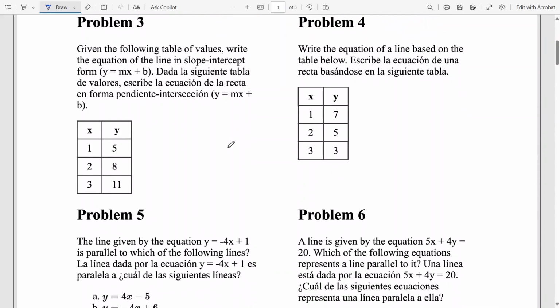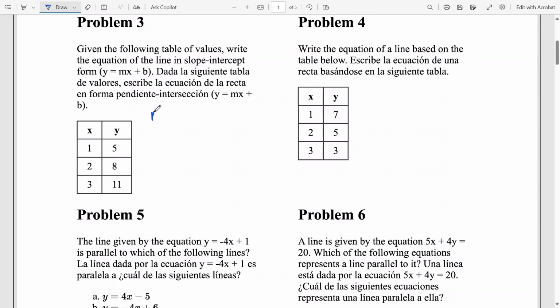Problem 3. Given the following table of values, write the equation of the line in slope-intercept form. Y equals mx plus b. Okay, so we start with x equals 1, and then we go to x equals 2. Y, meanwhile, jumps from 5 to 8.